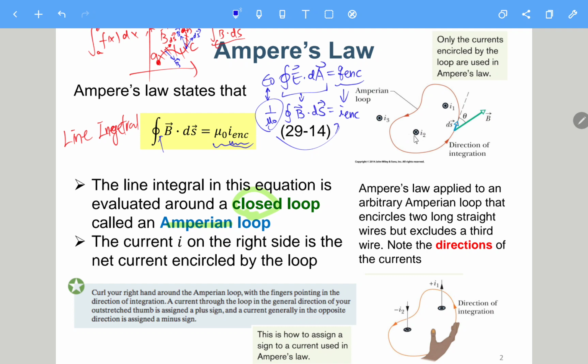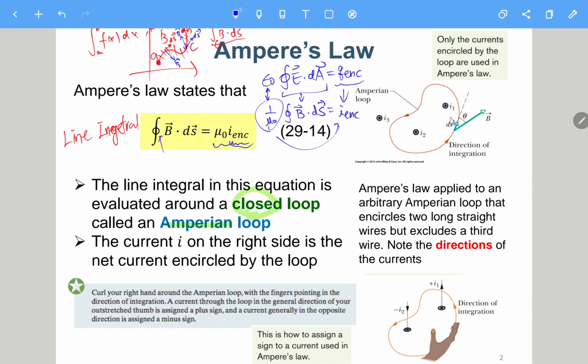This I2 is going into the page, from negative infinity to infinity. This one is going out of the page. So if we consider the I enclosed of this Ampere loop, only I1 and I2 are enclosed. I3 is out of this loop. So if we consider Ampere's law for this Ampere loop, we only count I1 and I2. We don't count I3.